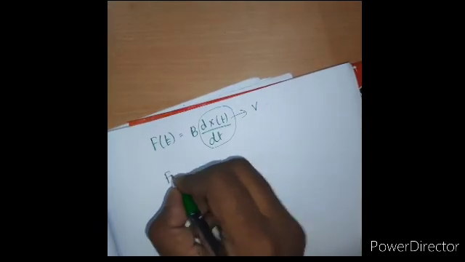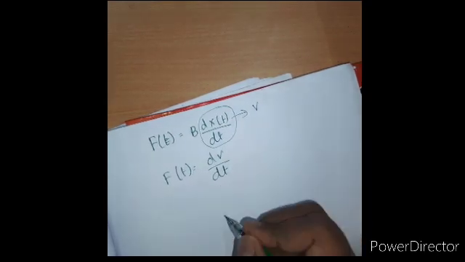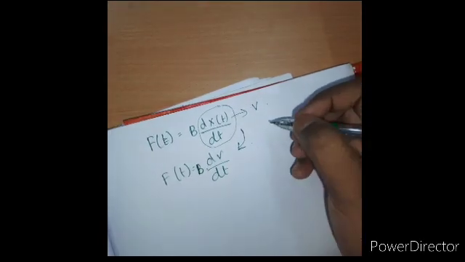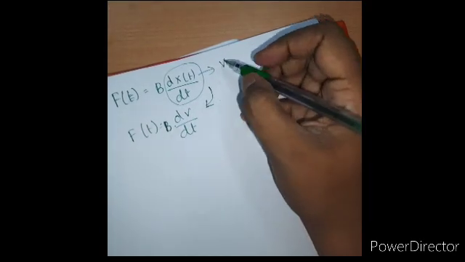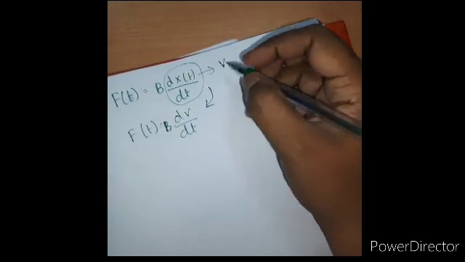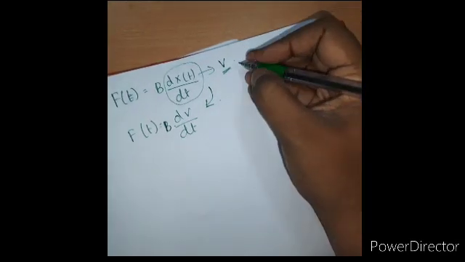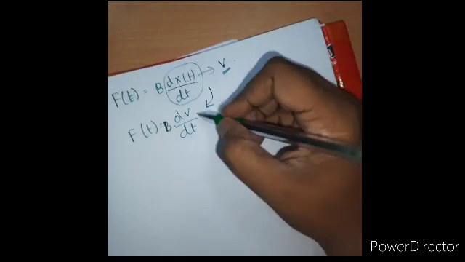So f of t is equal to b into dv by dt. This can also be written like that because it will have some velocity, some opposing force it will give. The dashpot will give me the friction. That friction will provide some opposing force. That opposing force is given, we'll consider it as velocity. So dx by dt will be given as dv by dt.